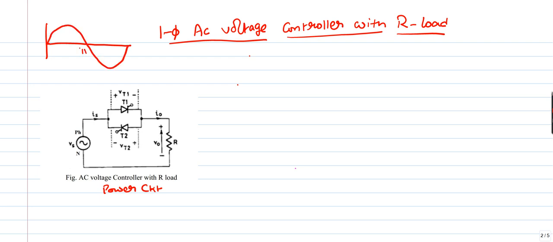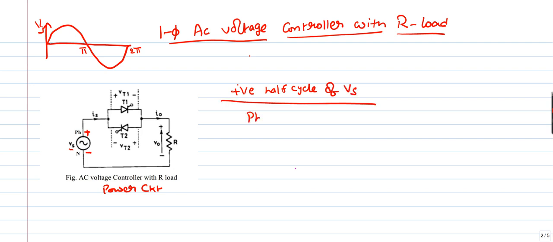So positive half cycle 0 to pi, negative half cycle pi to 2 pi. This is my source voltage Vs. During the positive half cycle of Vs, the phase terminal has positive polarity and the neutral terminal has negative polarity.